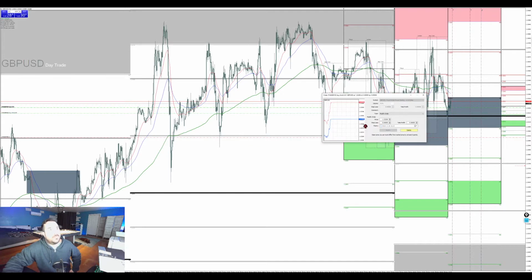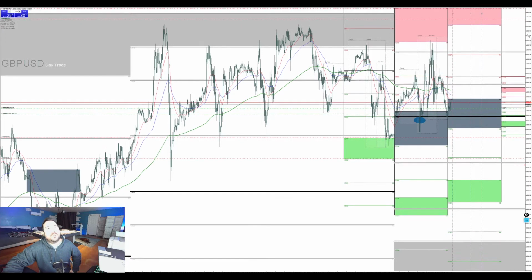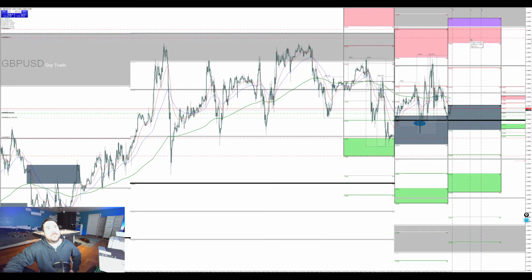And let's go ahead and modify this. Place my stop and the take profit. And I will need to adjust my take profit from today's trade as well. So my stop's going to be right down here. Okay, and this is my take profit for that trade, right up here. And this should be the take profit from earlier today.